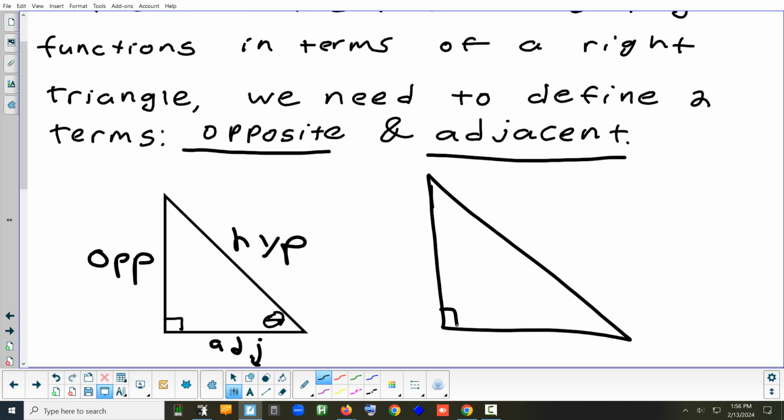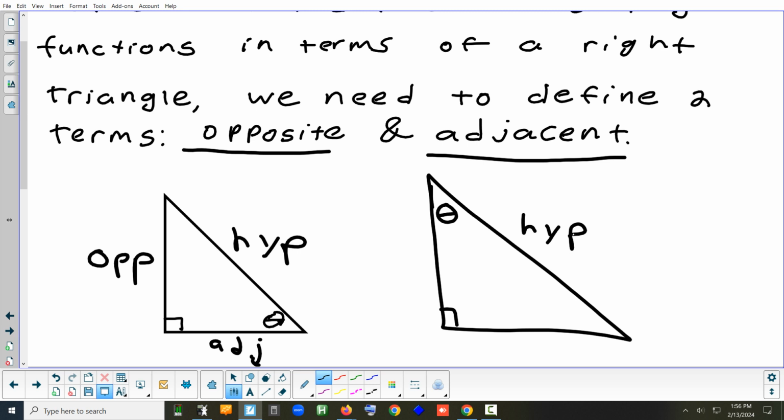Now, you take the same triangle, but change your perspective. Your perspective is always one of the acute angles. It's never the 90. Never. Hypotenuse would stay right where it is. But if your reference point is at the top of the triangle, if that's the angle that you're referencing, where would opposite be now?